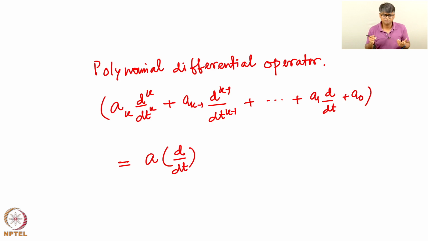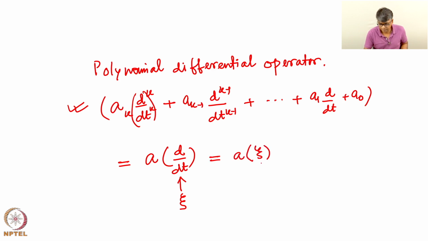As you can see, it is tedious to write d dt all the time, and we are just going to treat this as a polynomial. I am not using the fact that it is a differential operator, so I could have replaced this by anything. I do not need it to be d dt, so I will use this placeholder xi to denote the derivative operator, and write this as a of xi.